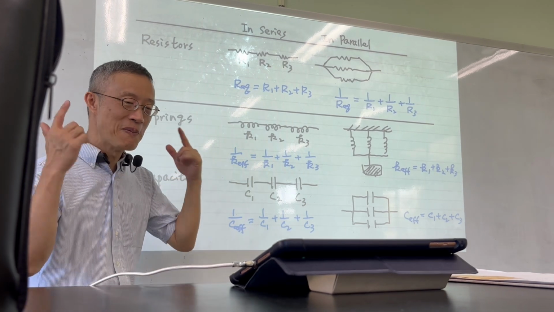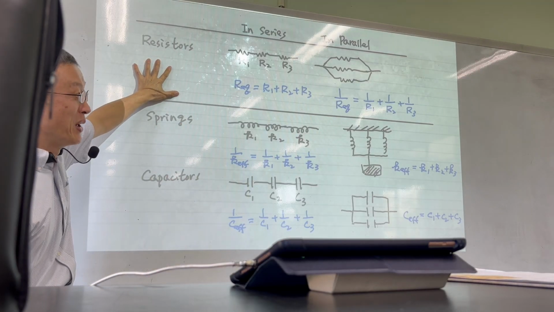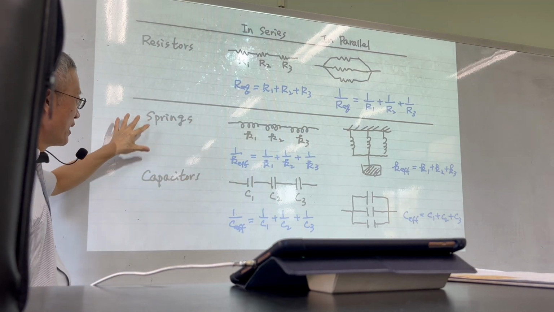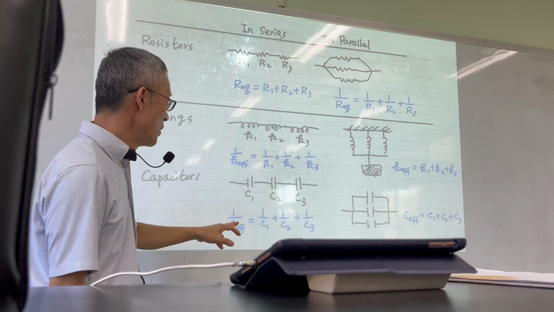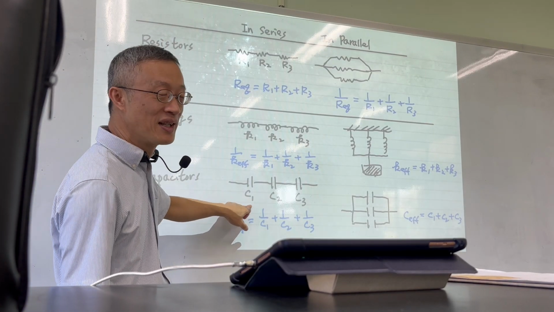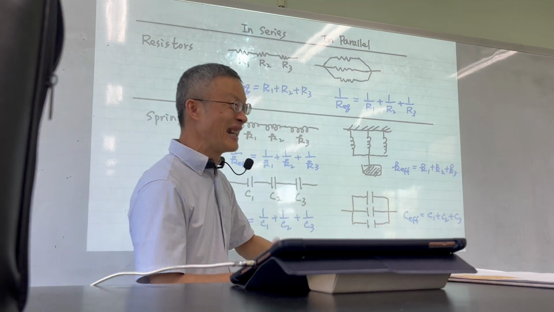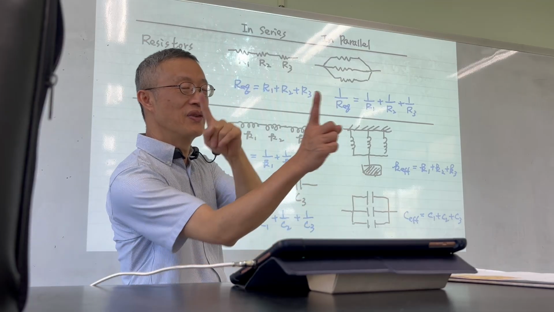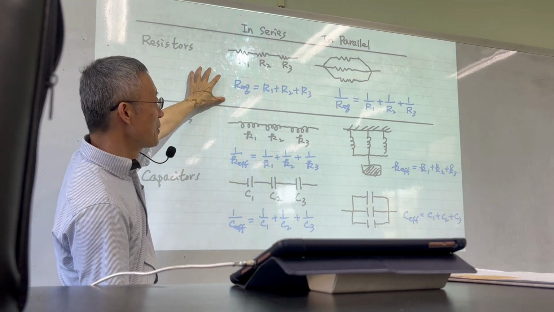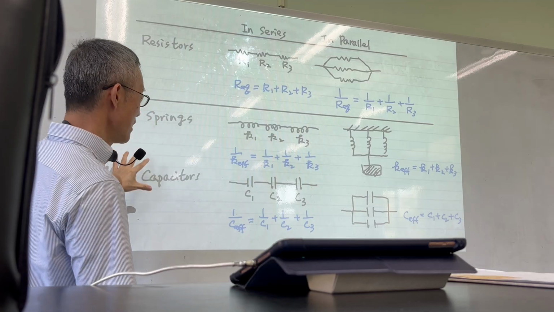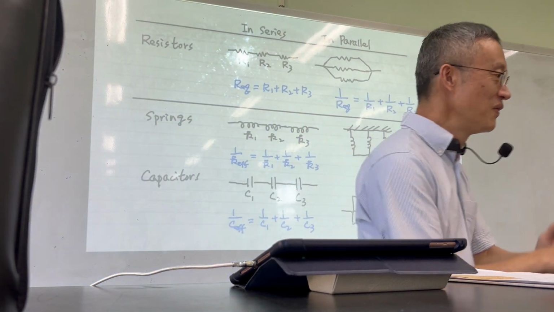So my way to remember this is to remember only the resistor, and then capacitors are exactly the opposite. So if questions ask you to find the equivalent capacitance, the equation is exactly the opposite of the resistors. You can remember it this way. And the spring constant is exactly opposite to the resistor too, like the capacitor. Alright, thank you for all your attention.